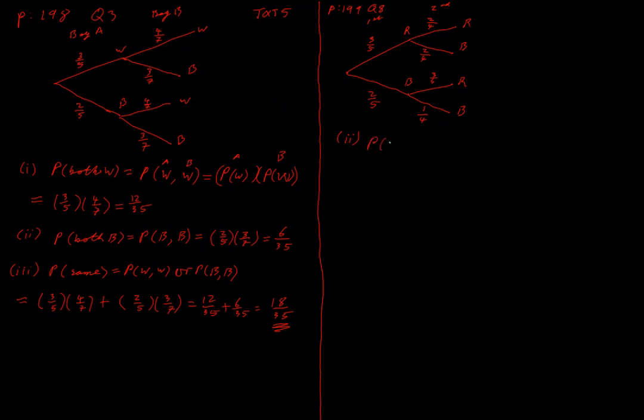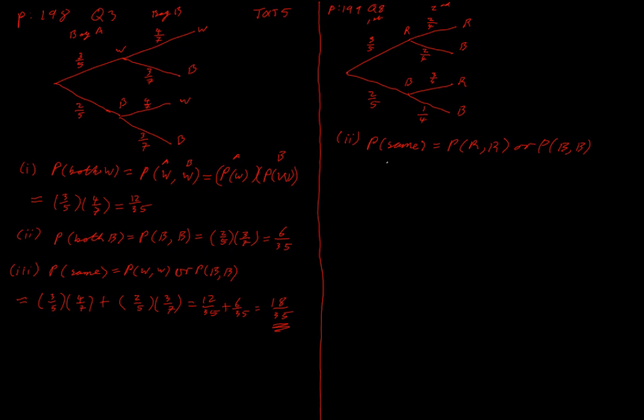We come back to the English of a probability question being the main challenge. Same color means we could have gotten a red and a red, or we could have gotten a blue and a blue. Those are the different ways that we can get the same color.